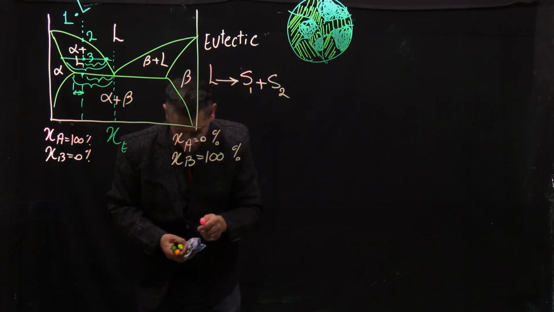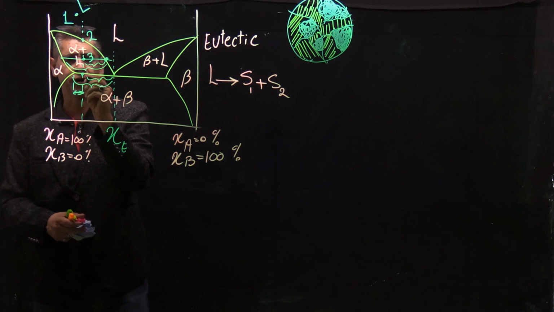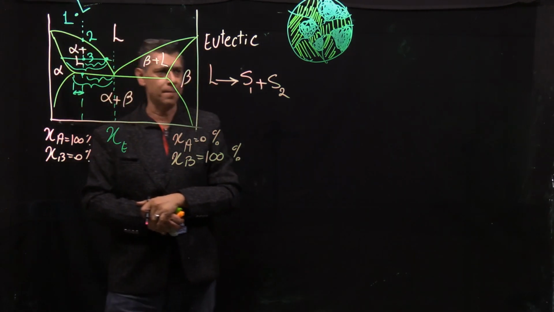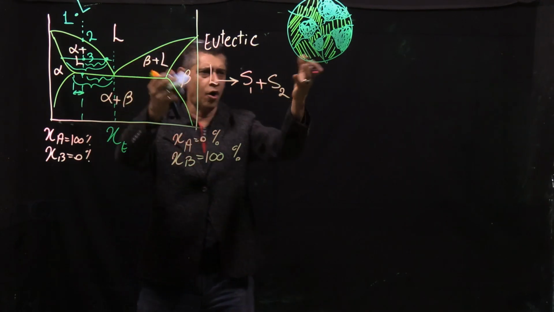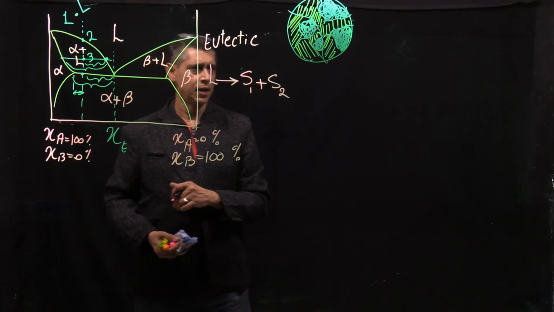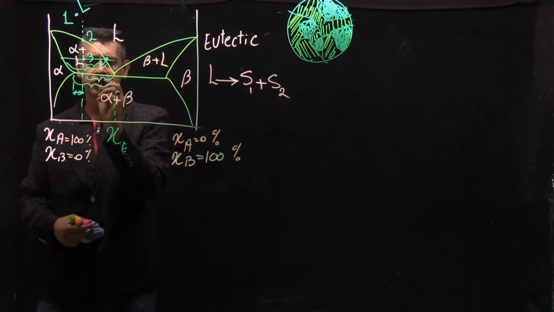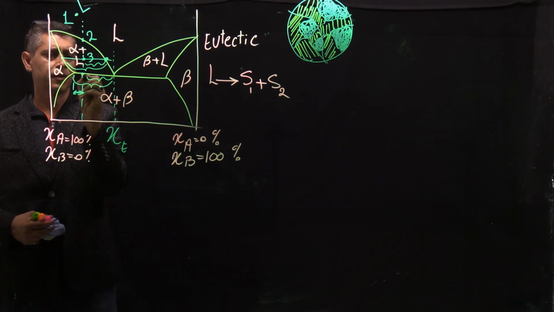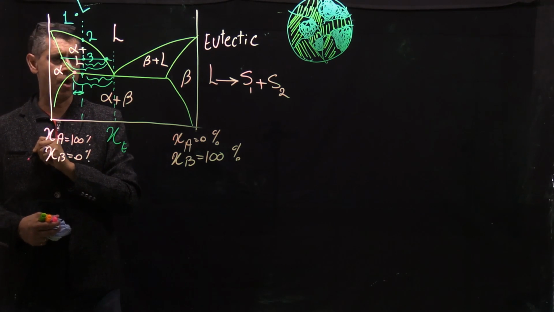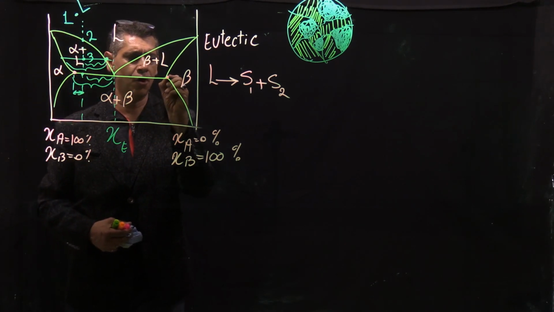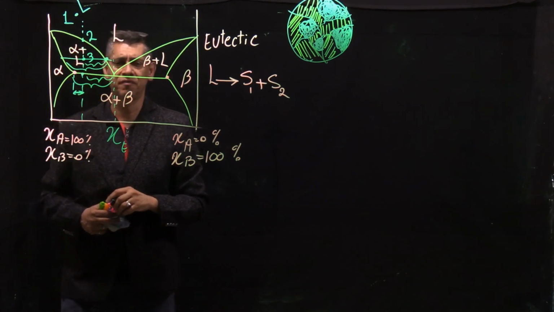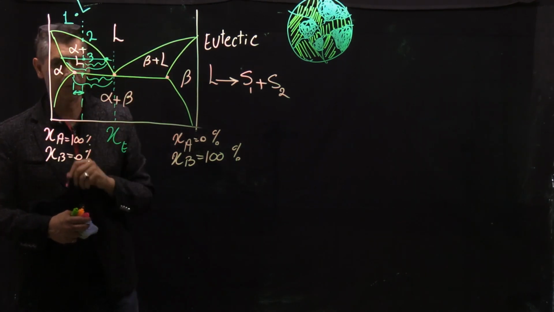So now the question is, at this point, slightly below the eutectic temperature, what is my system composition? The composition of solid alpha is always this much. The composition of solid beta is always this much. And the composition of liquid is this much.